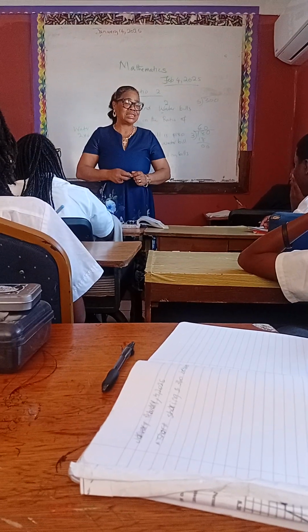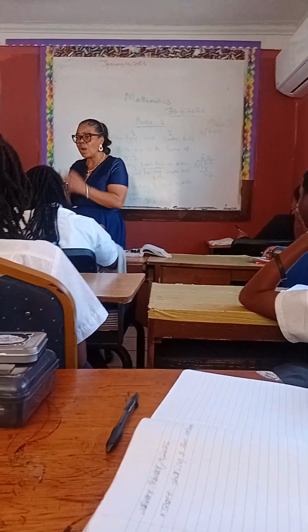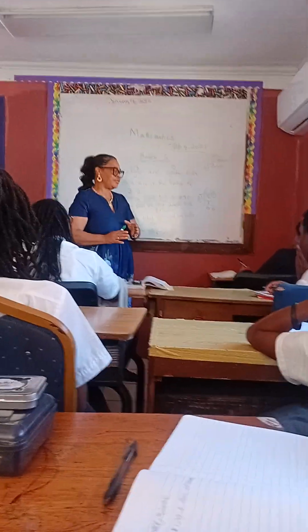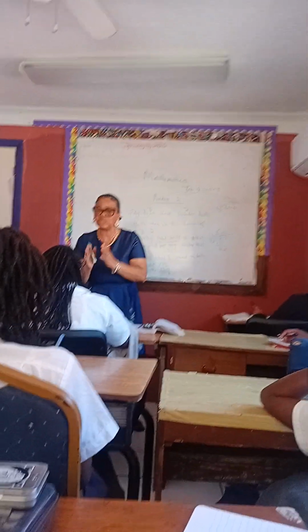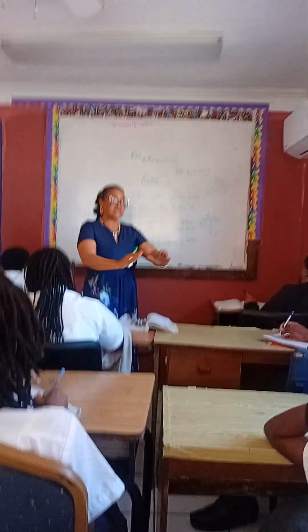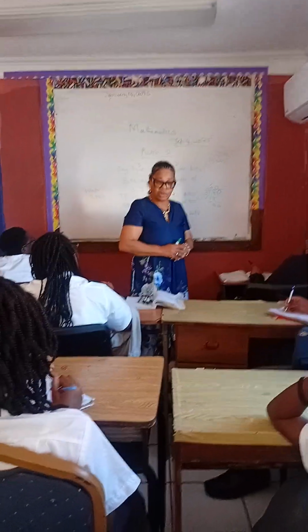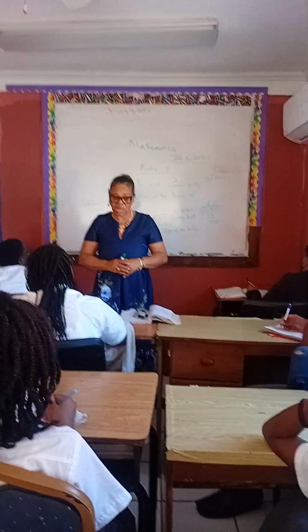Ratio is as simple as that. If they give me what one person gets, I simply have to say what that one person's ratio was, and I use that ratio to divide whatever that one person gets. Are you getting me? Yes, ma'am. Okay.